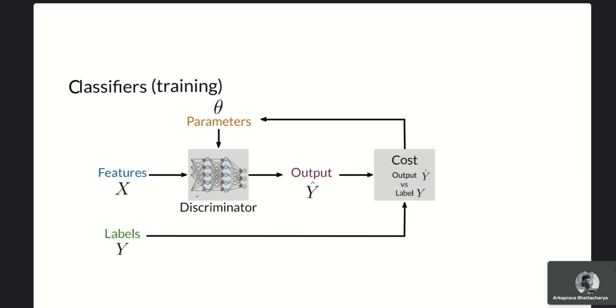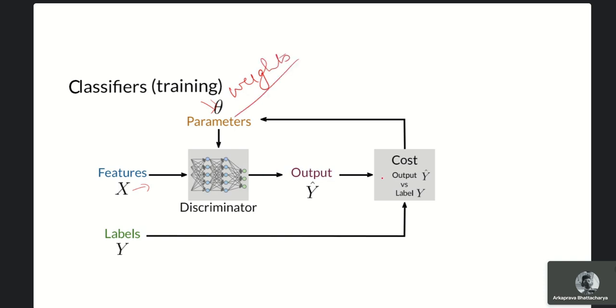Let us see how these classifiers are actually trained. This is basically a classifier, or we can say a discriminator. Let us first see what symbols are used. X represents the features that we provide as input to the discriminator, and theta is the parameters of the classifier, which we also call weights.